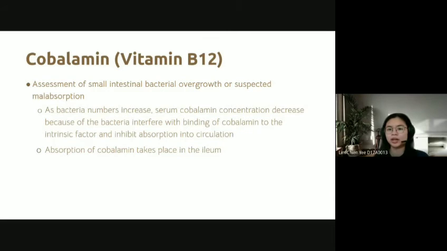As bacterial number increases, serum cobalamin concentration will decrease because of the bacteria interfering with the binding of cobalamin to the intrinsic factor and inhibiting its absorption into the circulation. Absorption of cobalamin takes place in the ileum, thus decreased cobalamin level may indicate abnormalities in the ileum.